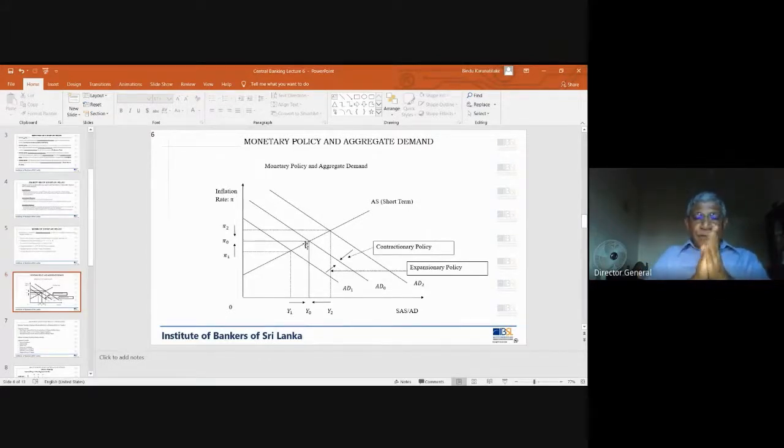Now, assume that there can be demand shocks. Demand shocks. Now, we know that during the election, for the election commission to conduct the election, they need 1,000 million, I think 1 billion rupees. I don't know whether it's 1 billion or 6 billion. A huge amount of money they are going to spend. They have to spend. What does that mean?